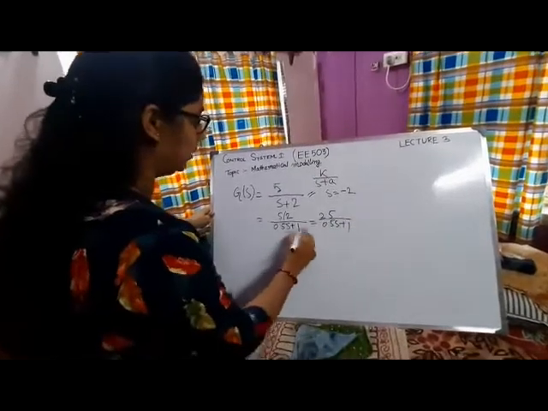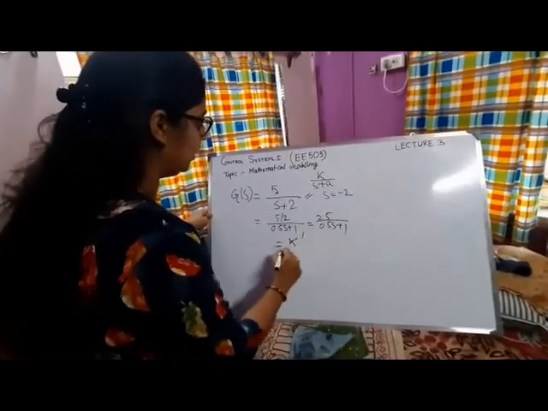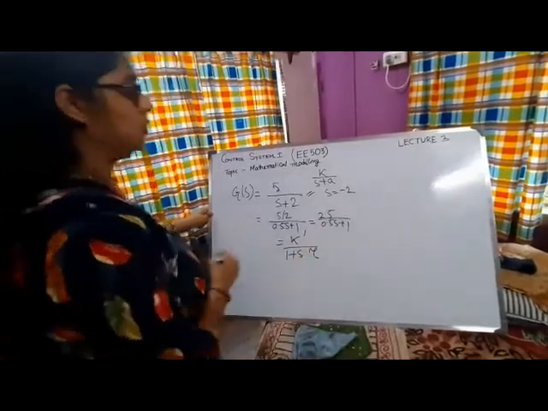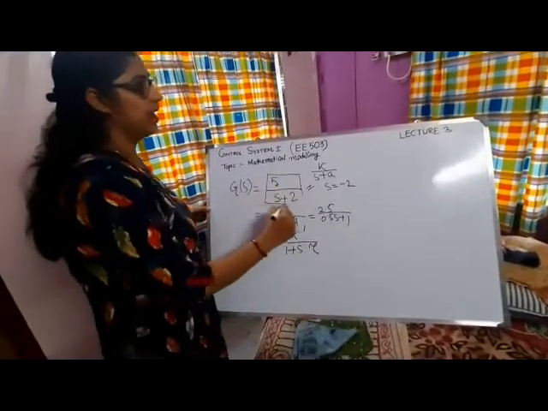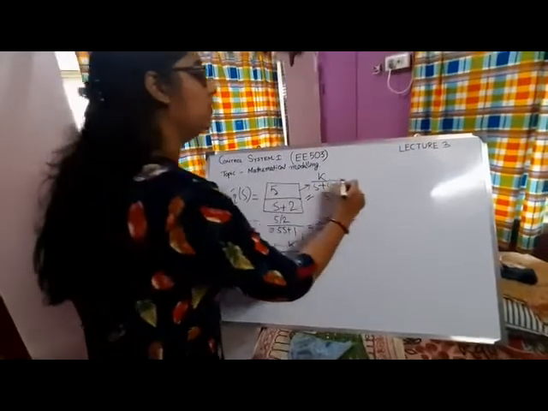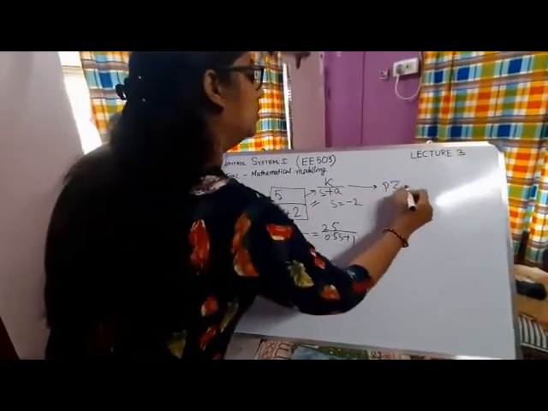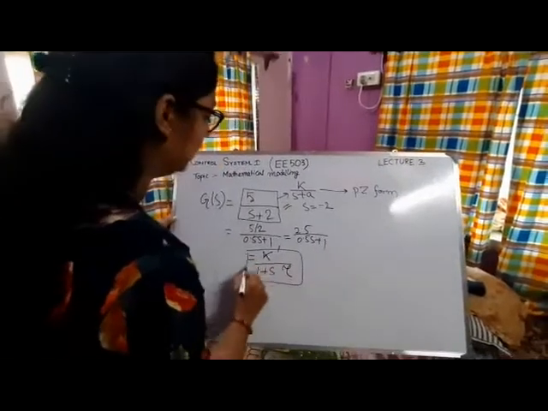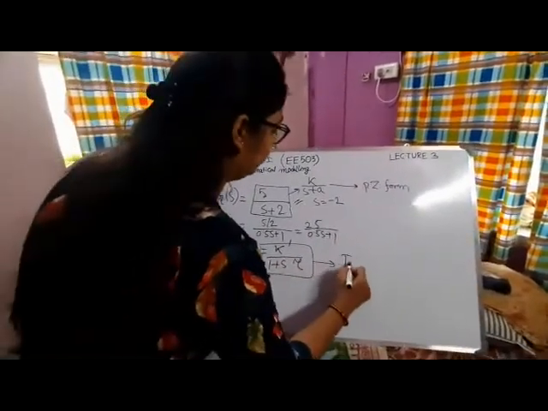So we can compare this with K' by (1 plus s tau). So this form is known as the pole-zero form, and this form is known as the time constant form.